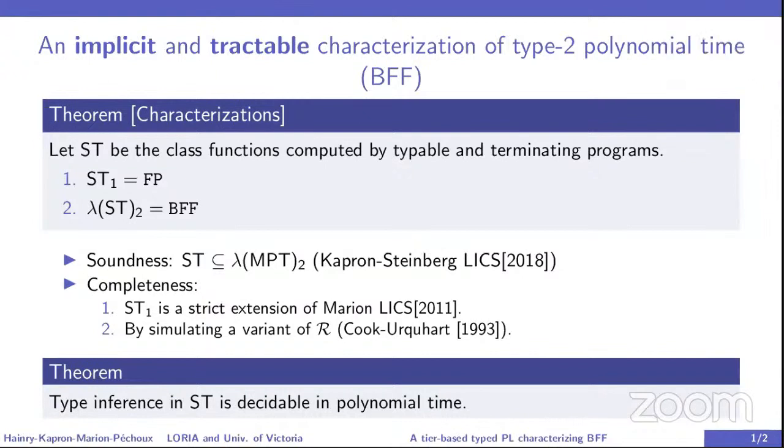Yes, thank you. So to do a quick summary of our result, we have defined a characterization of type 2 polynomial time, so feasible functions, with a class that we call ST for safe terminating.